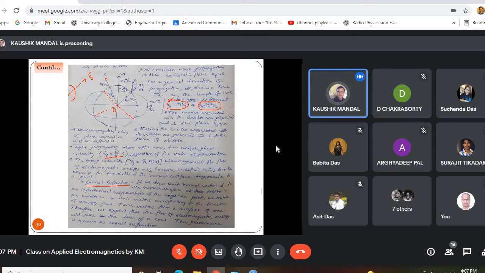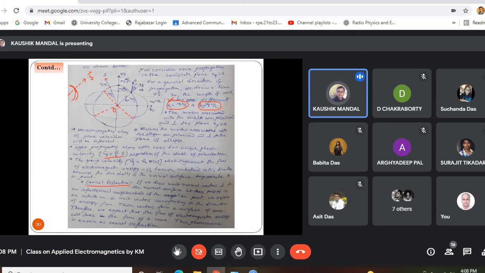That is the Poynting vector, S equal to E cross H. At a particular surface, if you want to find the direction of S, you take it along ds. The value S equal to E cross H is correct.